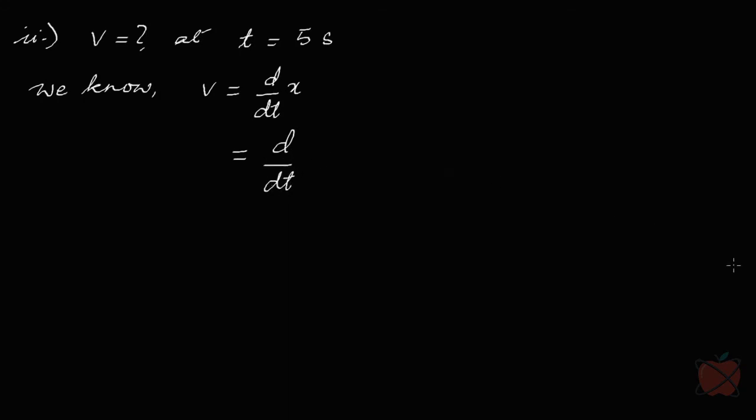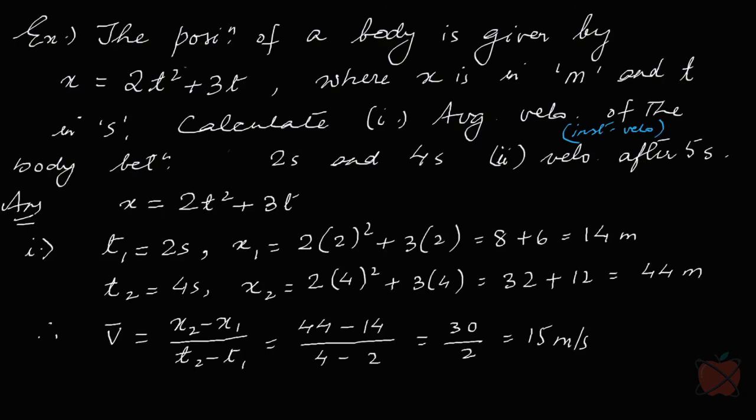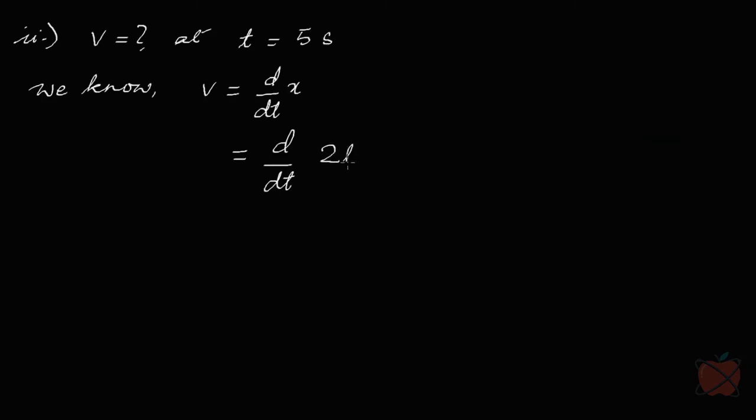That is why I told you that you have to learn your differentiation. If you don't know differentiation, you will never be able to do this. We differentiate 2t square plus 3t, so that will be 4t plus 3. All right, so that is the velocity.